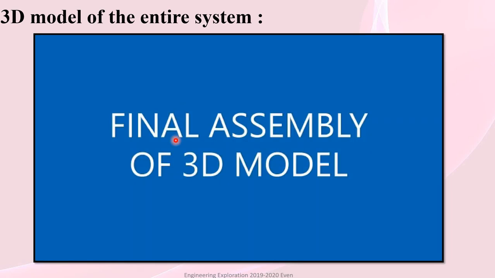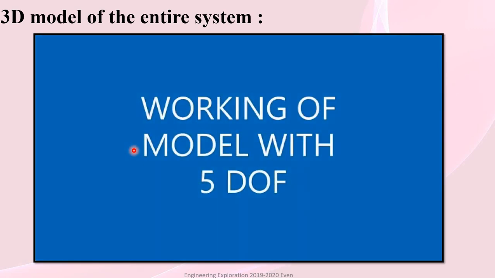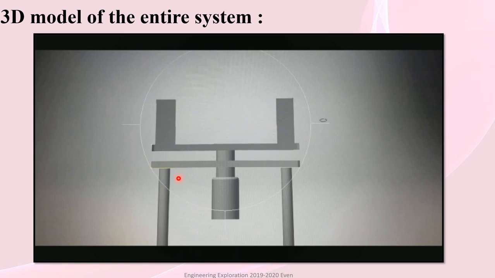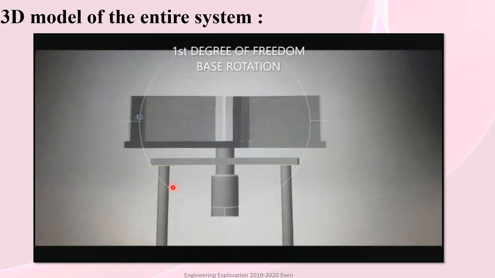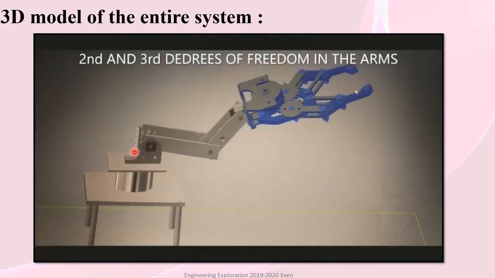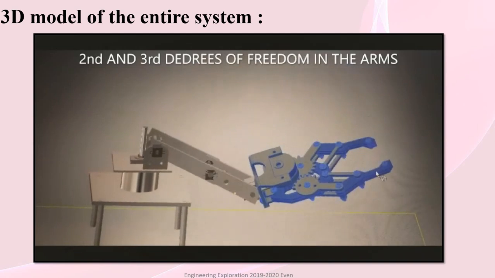Final assembly of our 3D model. Working of the model with the 5 degrees of freedom. This is the first degree of freedom, that is base rotation. This is the second and third degrees of freedom in the arms.